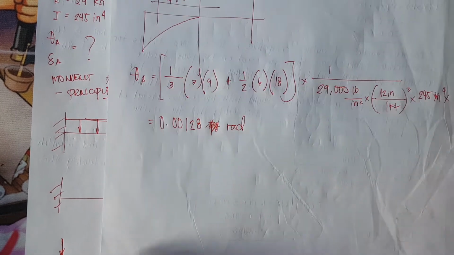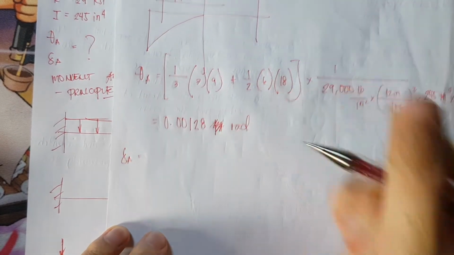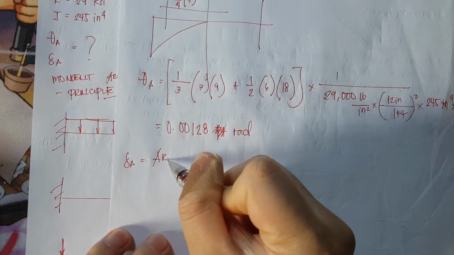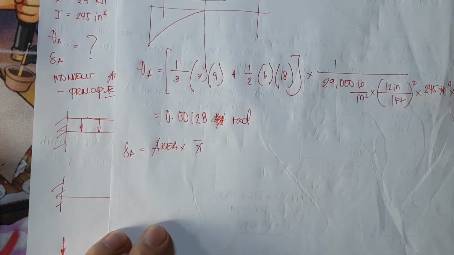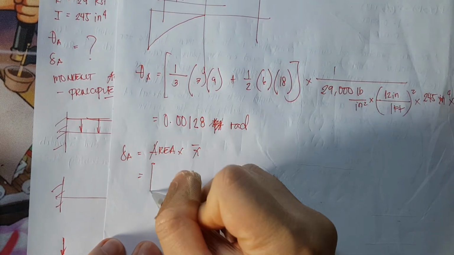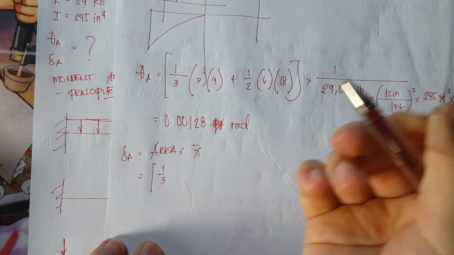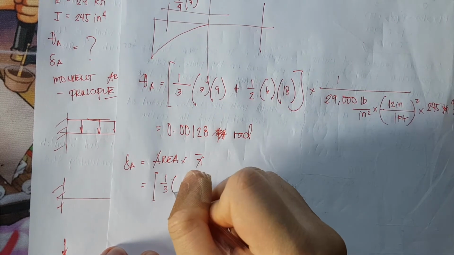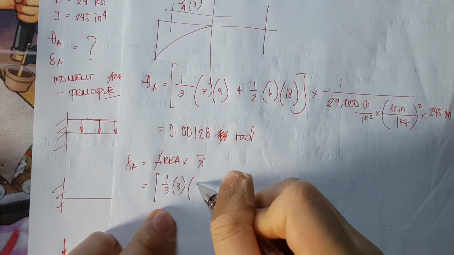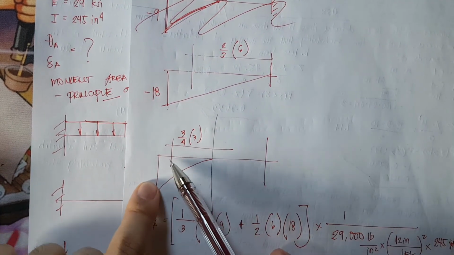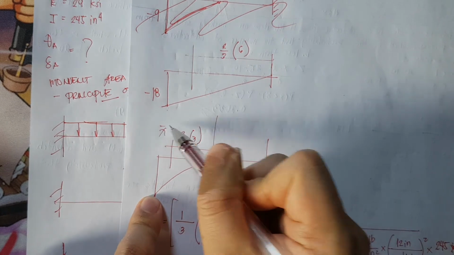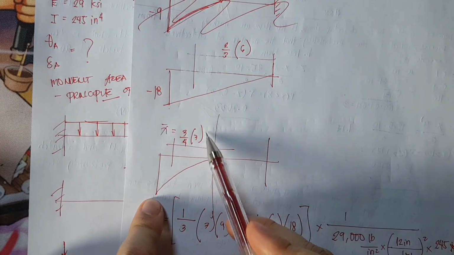Para naman dun sa deflection at A, it is simply the area times the lever arm. Okay? So, ano ba yung area natin? Ulitin lang natin. It is 1/3 times 3 times 9 times ang lever arm natin. This time, it is, ito yung x bar natin, di ba? So, that is 3/4 of 3.